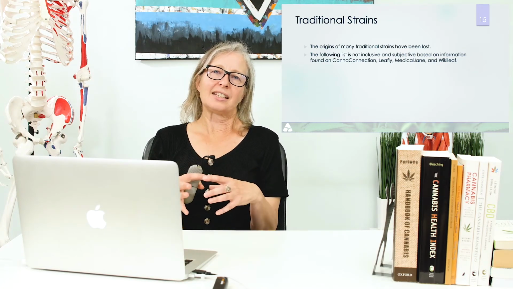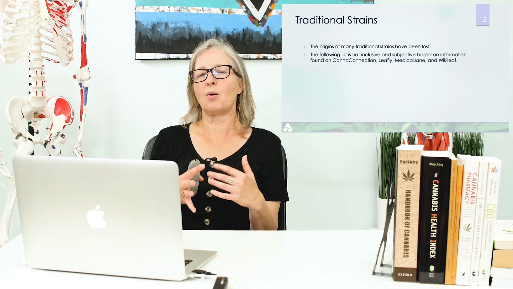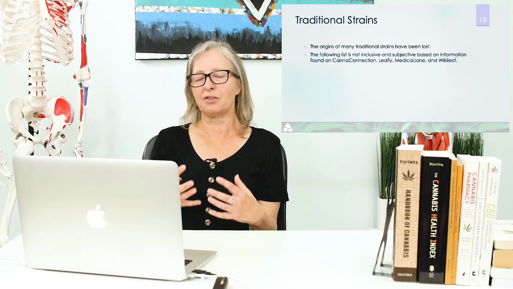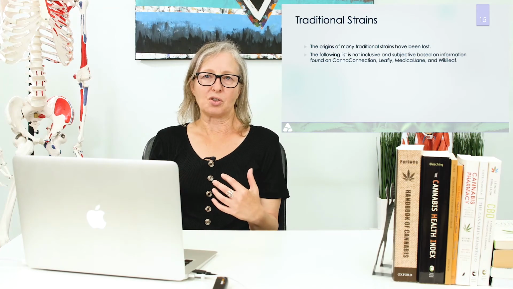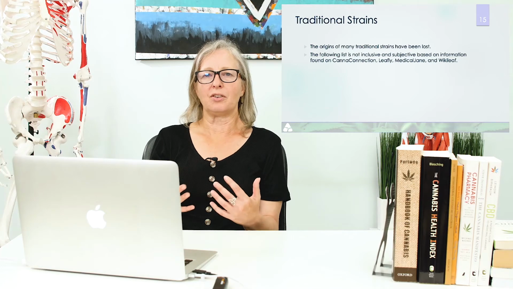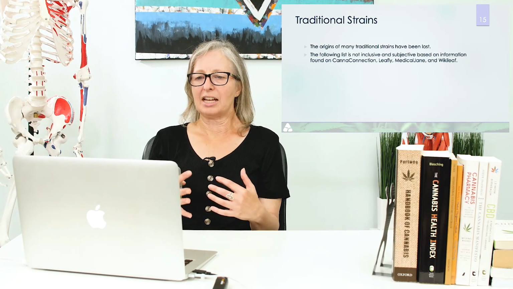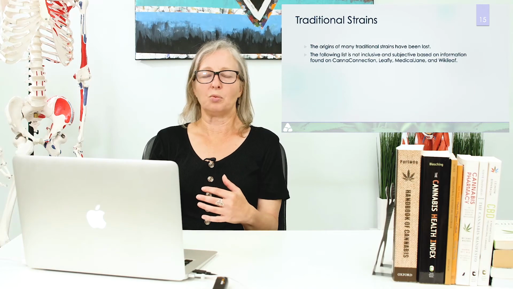Now, this information is also a little bit subjective. What I've done is compile the information from a few different sources that I find to be quite reliable, that you can find on the internet. Those are Canna Connections, Leafly, Medical Jane, and WikiLeaf.